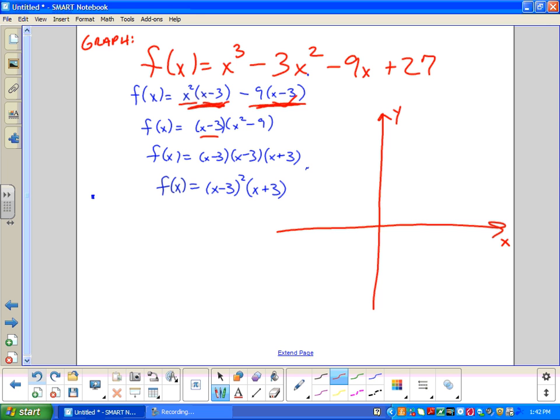X minus 3. So factor that out, and you're left with x squared minus 9. Well, x squared minus 9, we know is the difference of 2 squares. Now factor that, and then we have x minus 3 repeated, which gives us the final function here: x minus 3 quantity squared times the quantity x plus 3.